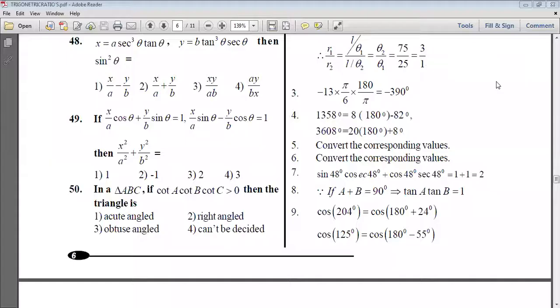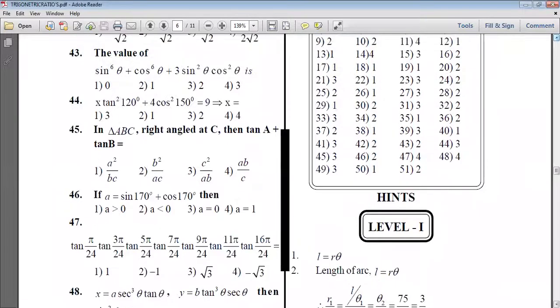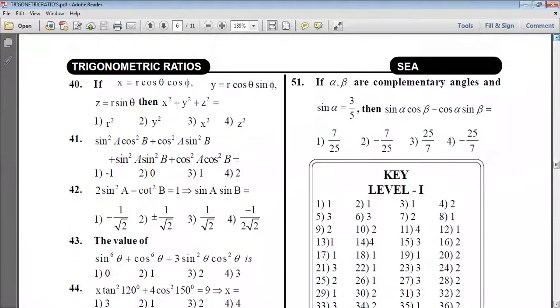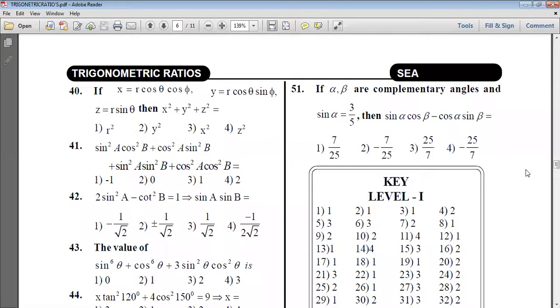Okay. Next, this is the 51st problem. Alpha and beta are complementary angles, and sine alpha is given as 3/5.